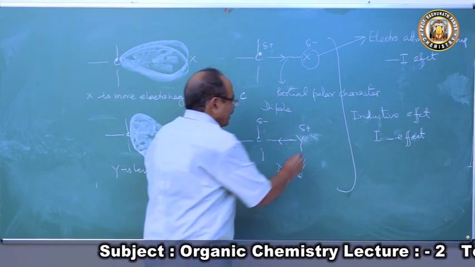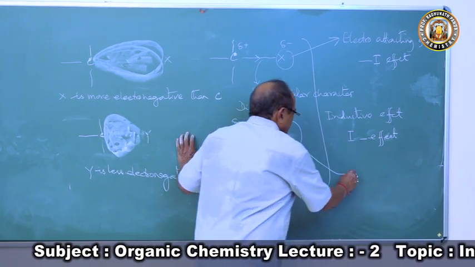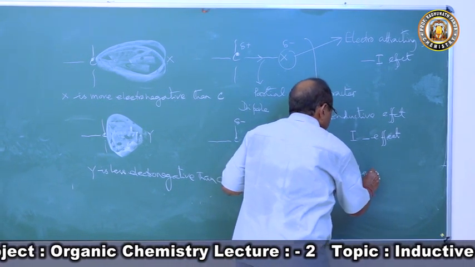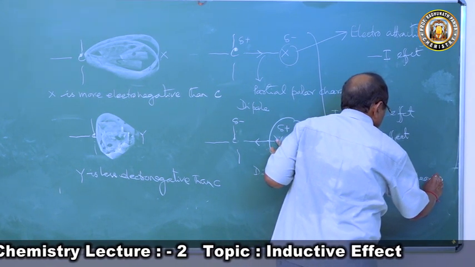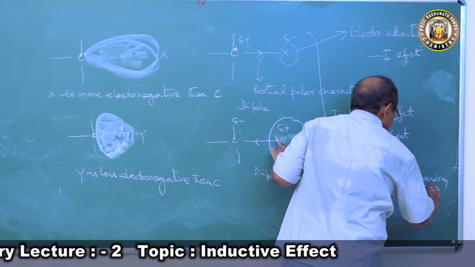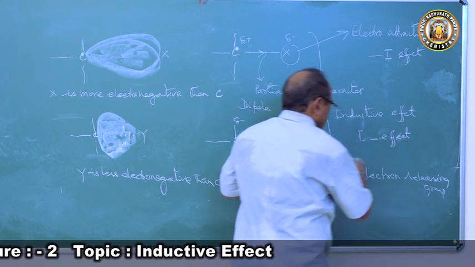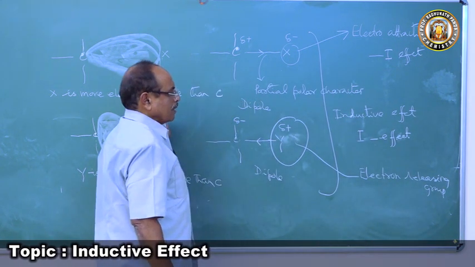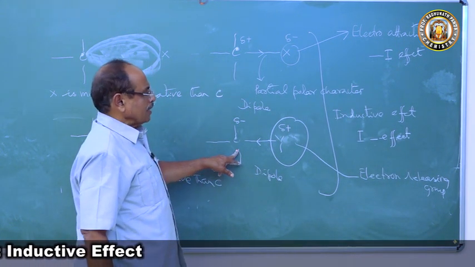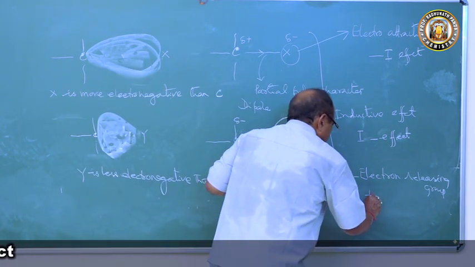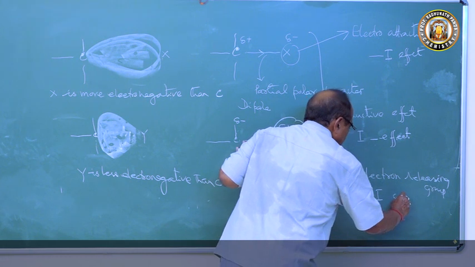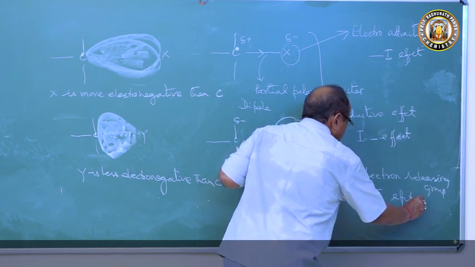So this Y is called as electron releasing group. This is also inductive effect, but it goes to carbon, hence the system is accepting the electron, and this is called as plus I effect.